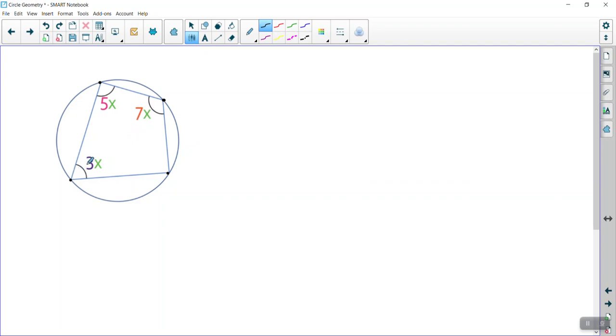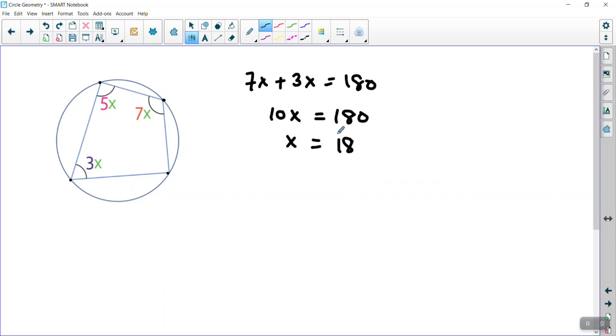So these are the opposite angles. These two are the opposite angles. Hence, they should be supplementary, which gives us 7x plus 3x equals 180. 10x is equal to 180, x is equal to 18. And that would enable us to find out all the angles.